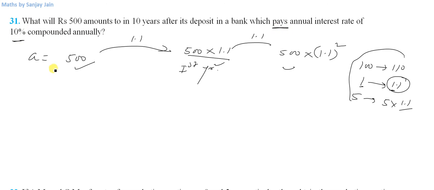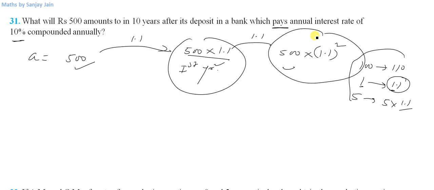So what I am supposed to find is the nth term here. I don't have to find the sum of the amounts at the end of every year, because if I do that, that will be much more than the actual sum. So I don't have to add these terms.